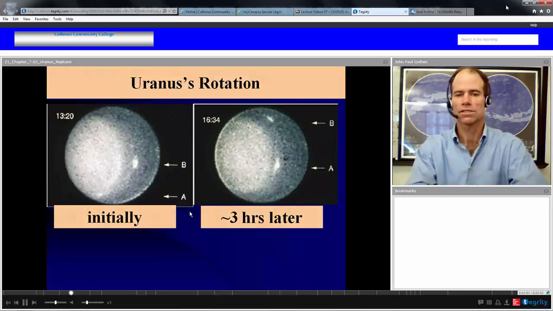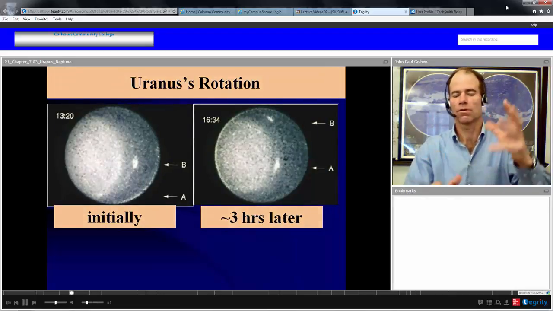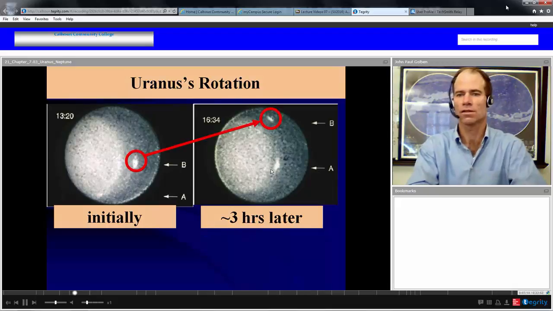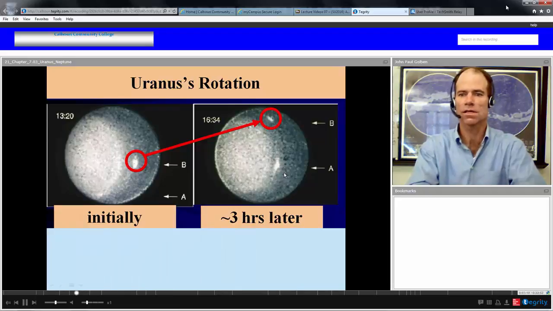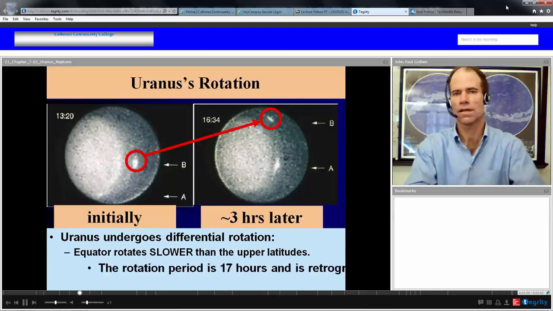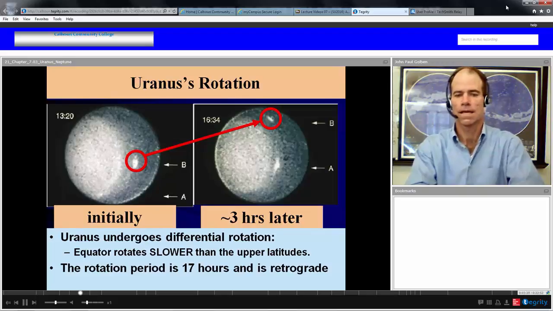Uranus's rotation is well known. Uranus is tipped over, and we can observe a spot moving along its equator here. Here's how it looks 3 hours later. It has moved that much angle in 3 hours, and with a little calculation you can find out that the equator rotates slower than the upper latitudes, and the rotation period is 17 hours and retrograde.